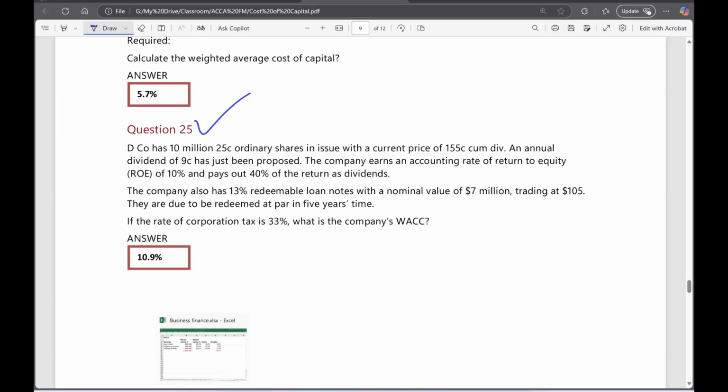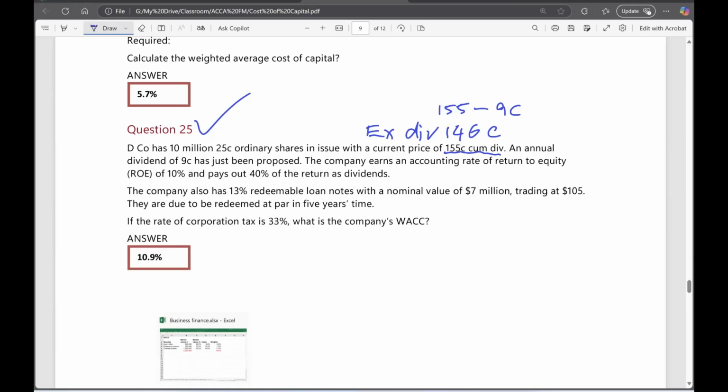Okay, here we are going to use DVM. Basically, the price is given, but this is a cum div. We have to find ex div. So what's the way? We have to subtract the dividend amount here. Dividend is 9 cent. So what's the ex div price? 146 cent, right? 146 cent. This is the ex div price. Keep in mind, our ex div price is $1.46 or 146 cent.